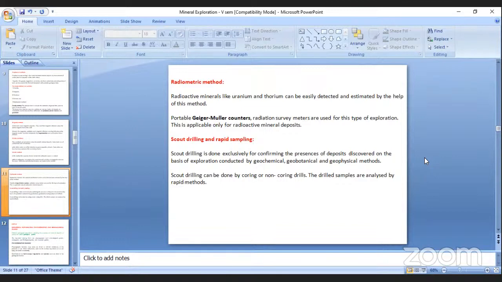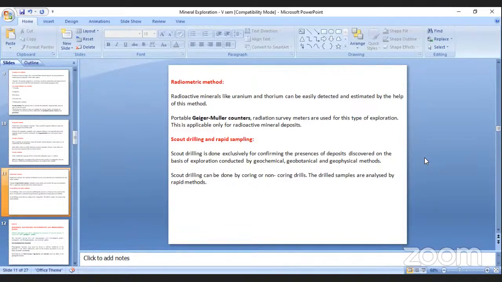You can put the Geiger counter, PGRS meter or scintillometer on the surface, and automatically it will show some readings, because internally these instruments have a gamma ray detector spectrometer.